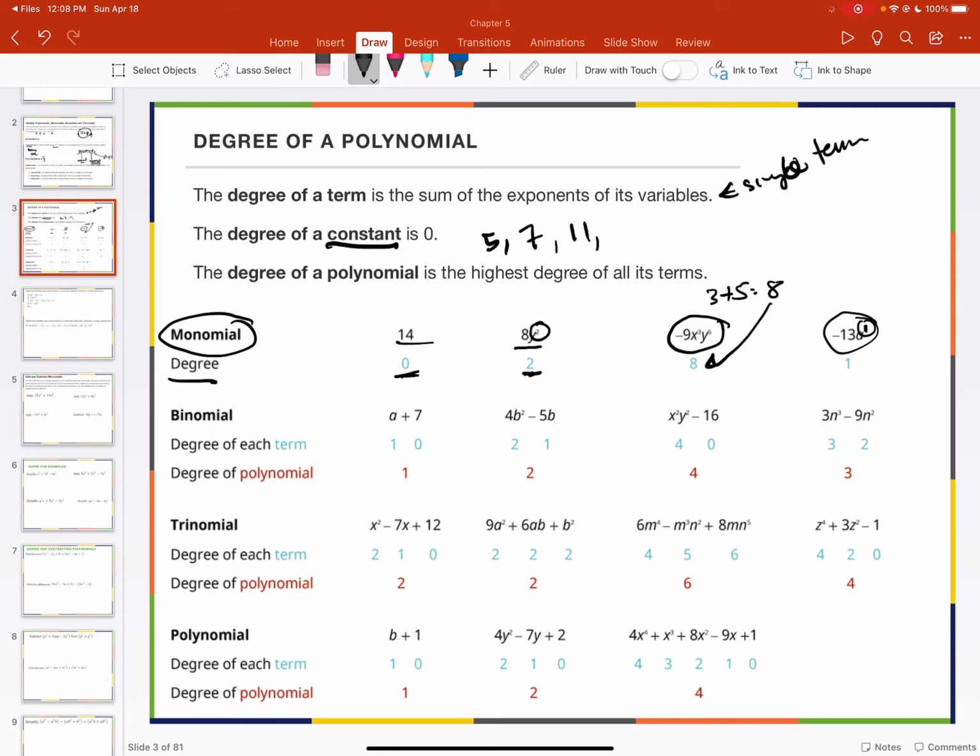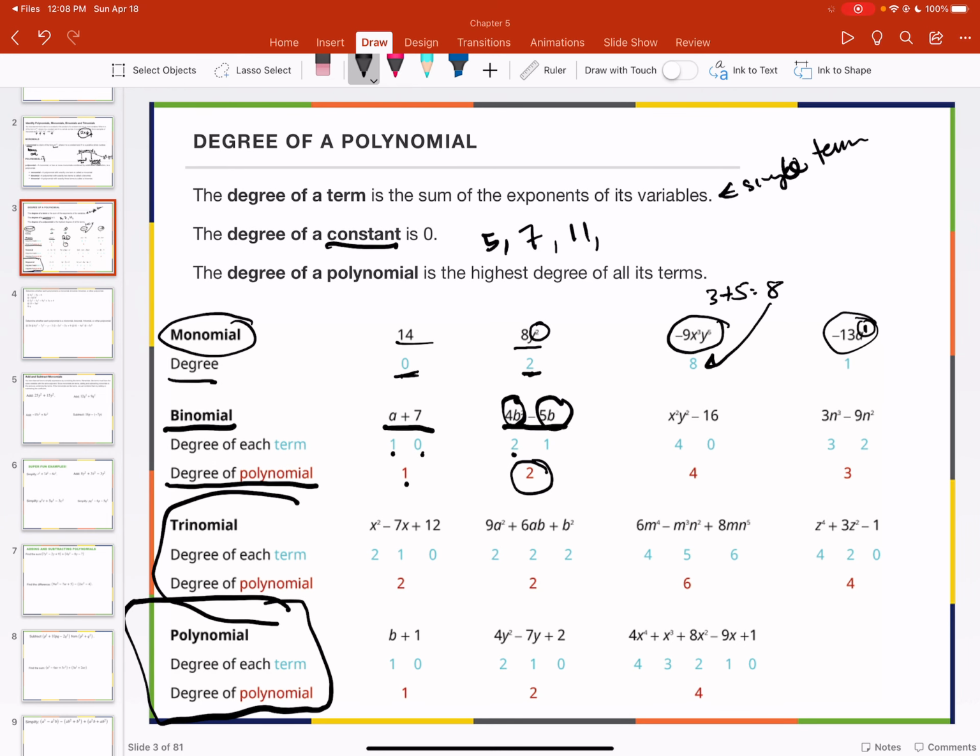Now, for a binomial, let's say we have a plus 7. A is first degree, 7 is 0 degree, so the degree of the entire binomial is 1. Here we have 4b squared minus 5b. This part is degree 2, this part is degree 1, so the entire thing will be degree 2. Ultimately, in general, for polynomials, a trinomial is the same thing.